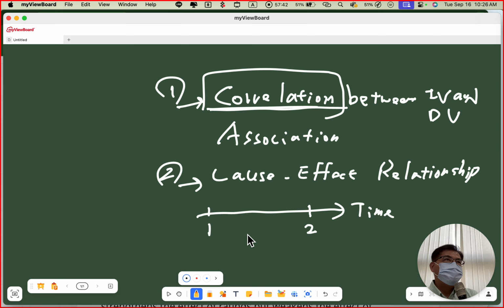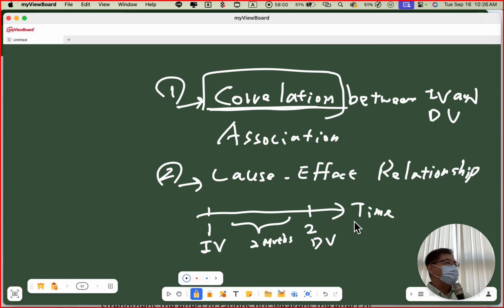Suppose at time point 1, I collect data, only focus on IV. And after maybe 2 months, I collect the dependent variable. So you collect data from different time points.